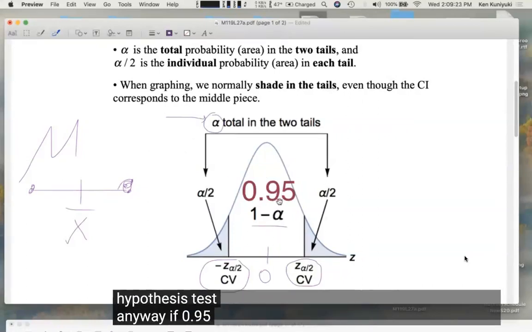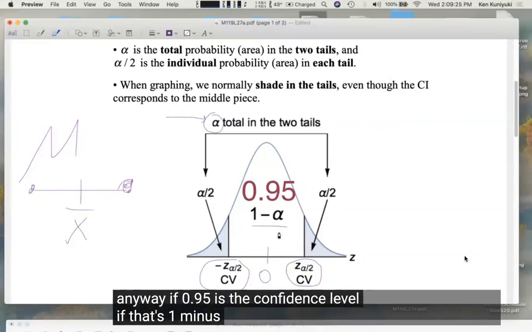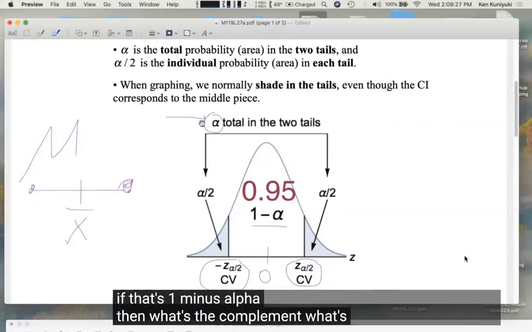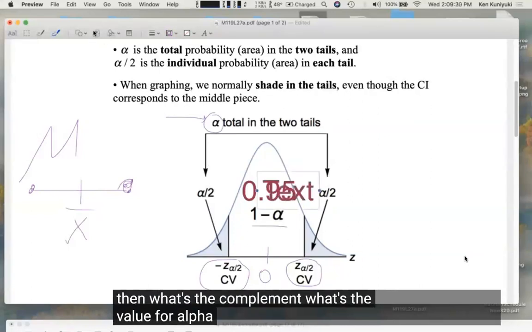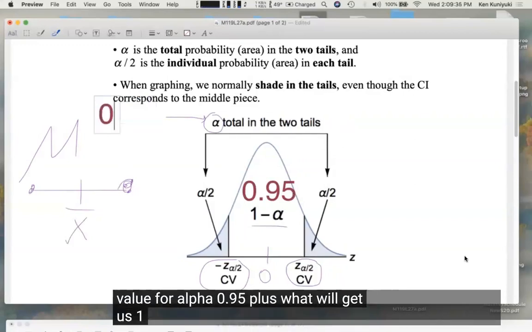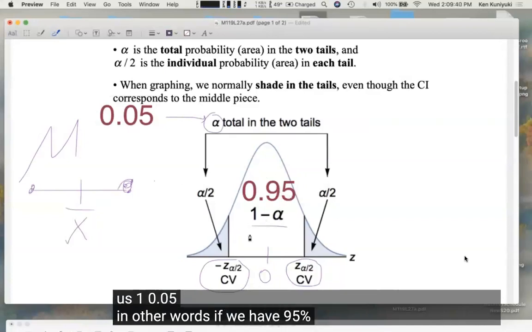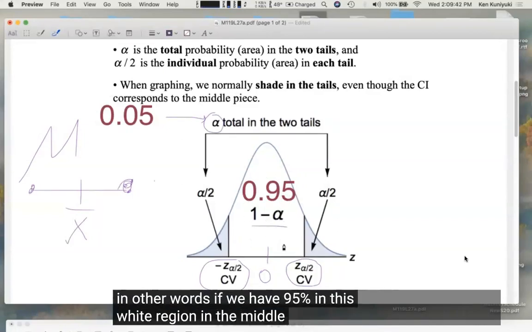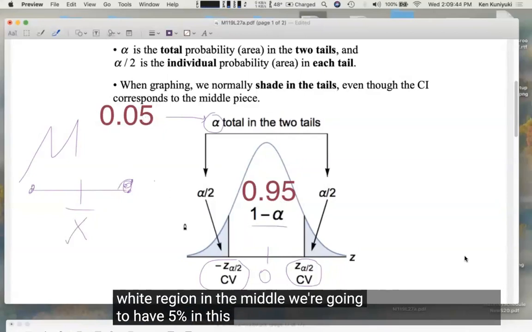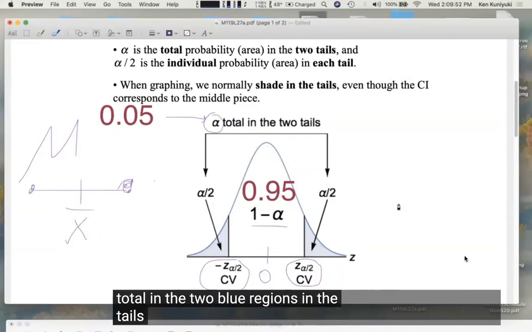Anyway, if 0.95 is the confidence level, if that's 1 minus alpha, then what's the value for alpha? 0.95 plus what will get us 1? 0.05. In other words, if we have 95% in this white region in the middle, we're going to have 5% total in the two blue regions in the tails. Now you see here two tails.